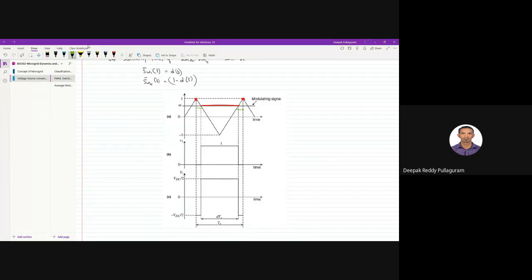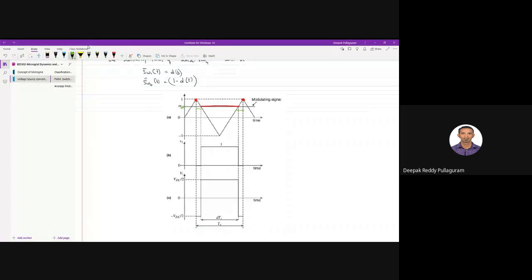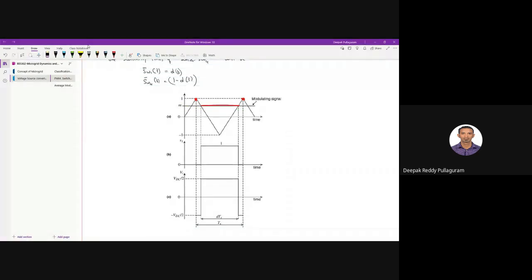Since they are complementary in nature, if M moves up and down, the on time and off time will keep moving up and down, isn't it? You all agree on that? Yes, sir. If this modulating waveform M keeps changing, then the on time and off time also change. It means the duty changes.